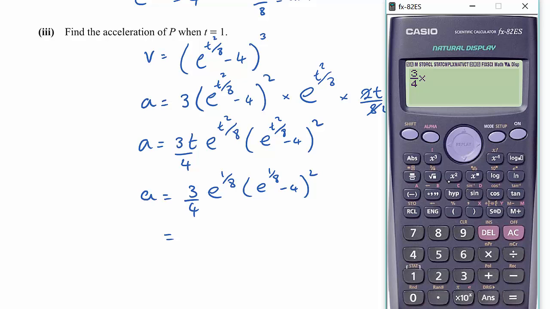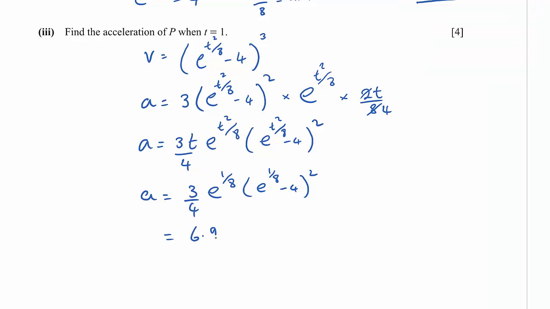So we'll have 3 over 4 multiplied by e to the power 1/8 multiplied by e to the power 1/8 take away 4.